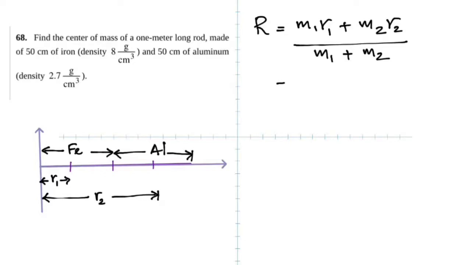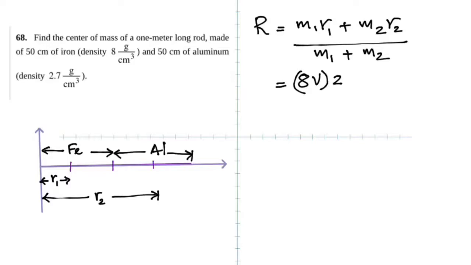And the two volumes here are going to be equal, and volume multiplied by density gives mass. So you see that the mass of iron is going to be 8 times the volume, because 8 is the density, and I'm keeping it in gram per centimeter cube.